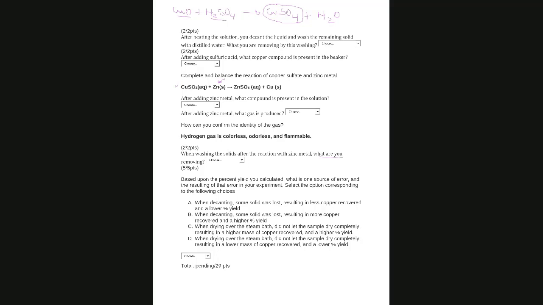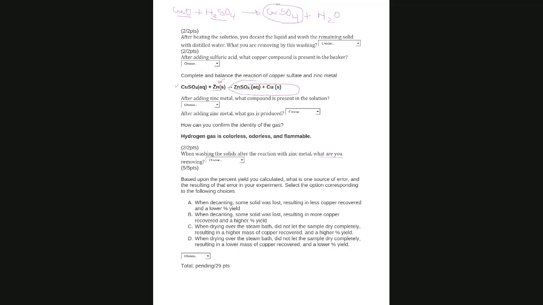We have to look at the reaction. What are we removing? We add zinc, and what do we have? And we want only the copper. What are we removing? We are removing the zinc sulfate, because we don't want that.